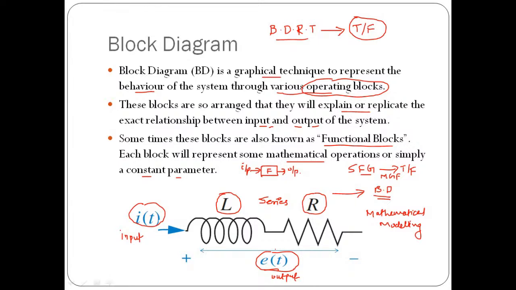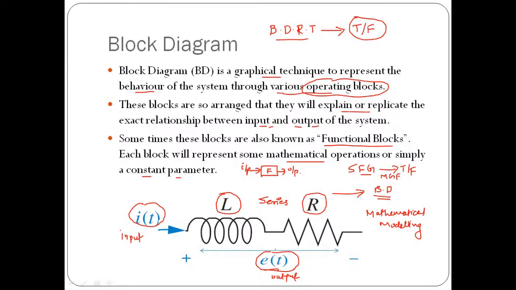That's why the block is called a functional block, because that block defines how input is related with the output, what will be the function. That technique we need to implement over here in order to convert this representation of a system in physical form to its equivalent block diagram.